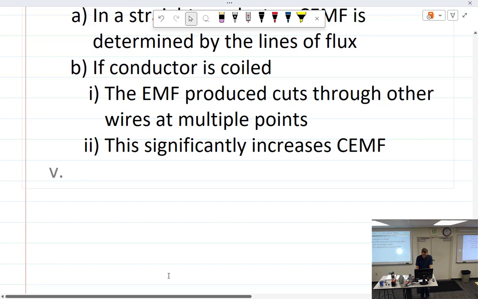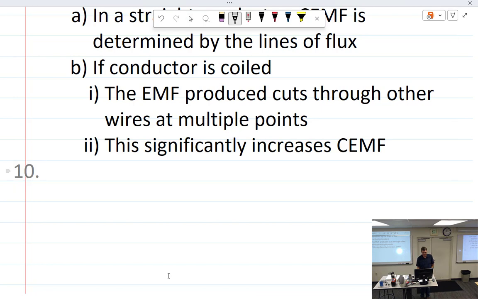Which brings us to the inductor. And what is an inductor? A coil of wire. Just a fancy word for coil of wire. Why don't we call it a coil of wire? Well, then other people would know what we're talking about. We wouldn't make much money. Use that jargon. So inductance is the word.